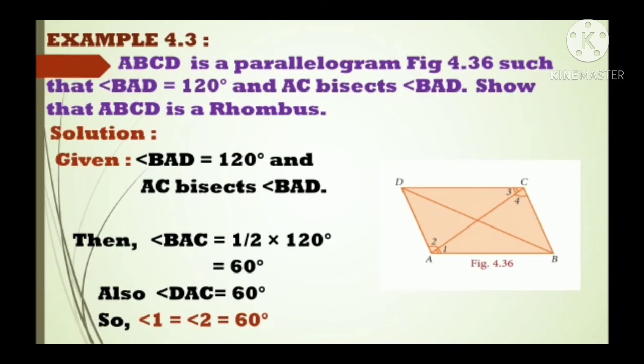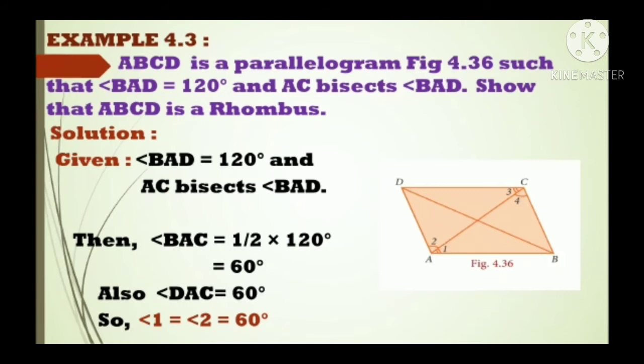Okay guys. Similarly, what is the value of DAC? Yes, DAC is also half of the angle BAD, isn't it? DAC is also half of BAD, isn't it? It is the bisector. Okay. Then what is the value of DAC? It is also 60 degrees. So AC bisects BAD.